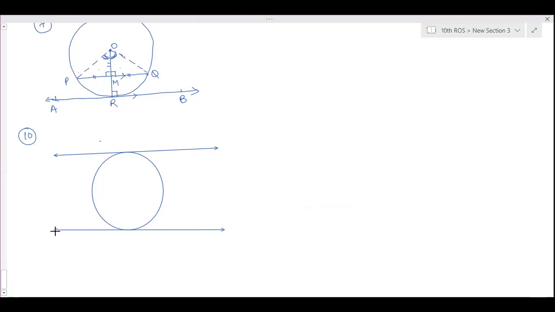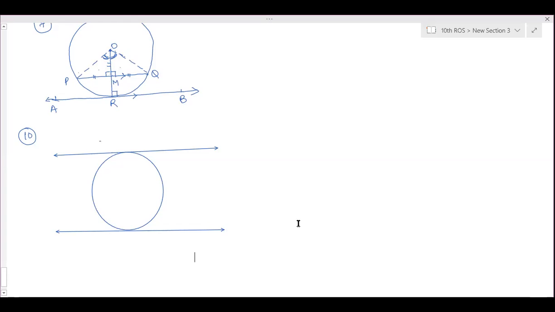These are the two parallel tangents. Intercept between them. Intercept means it subtends a right angle at the center.